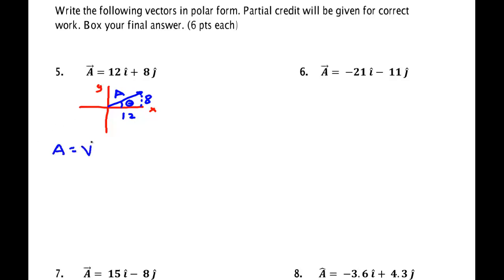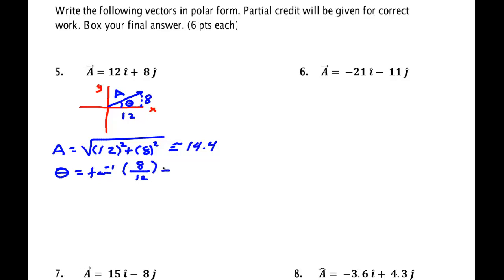A is the square root of 12 squared plus 8 squared. That's just the Pythagorean theorem. And that's 14.4. Theta is the inverse tangent of the opposite side, 8, divided by the adjacent side, 12.